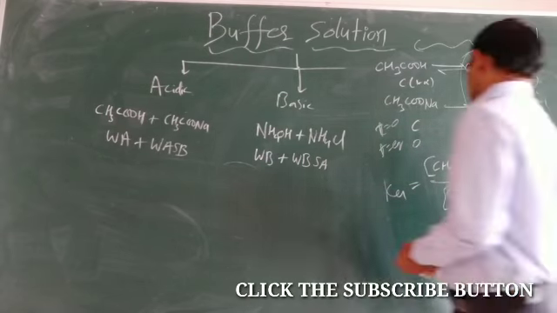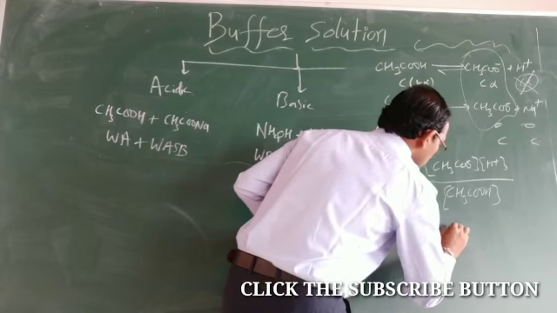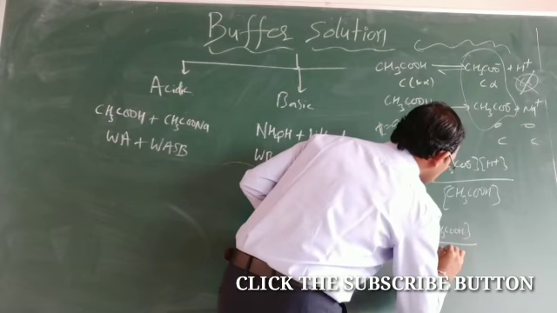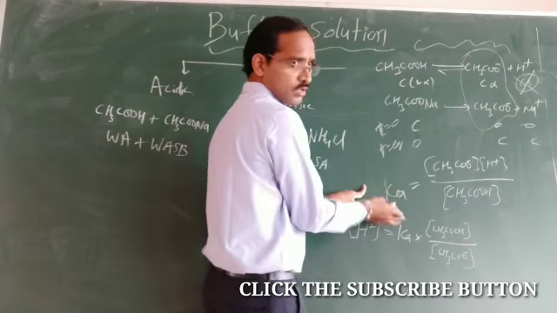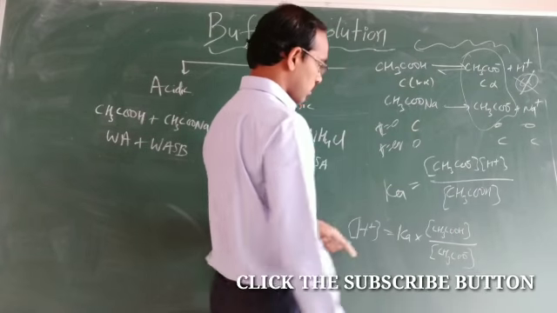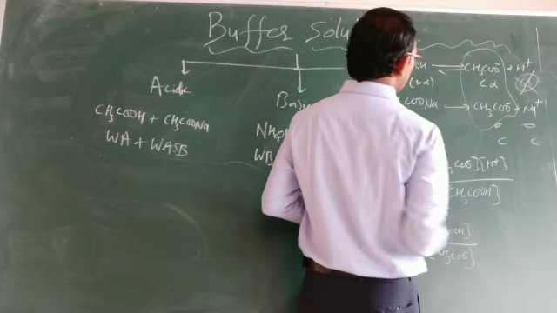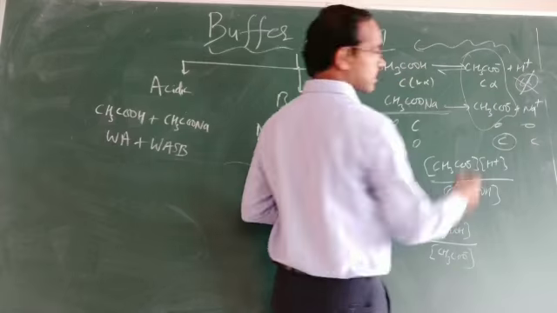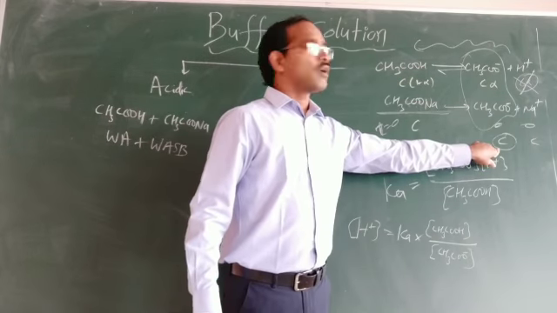H plus concentration equals Ka into CH3COOH, acetic acid, upon the salt CH3COO minus. Is this step clear? Now, what will the acetate ion concentration be? It is nothing but the salt concentration. Whatever amount of salt there is, that much acetate ion is formed. Okay?